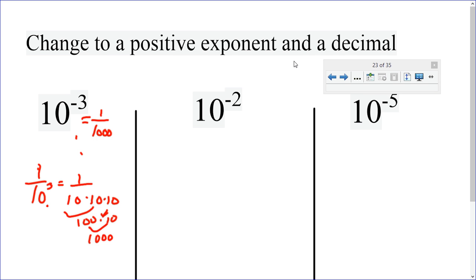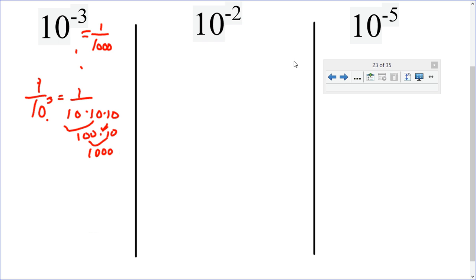If you remember the rules for changing fractions to decimals, somebody said in elementary school, when you have a fraction, you kick it off the roof and put it in the house and divide. But I'm going to say do something a little bit different. When you have 1,000, I want you to take a look at how many zeros are in 1,000. 3. And notice the exponent is 3.